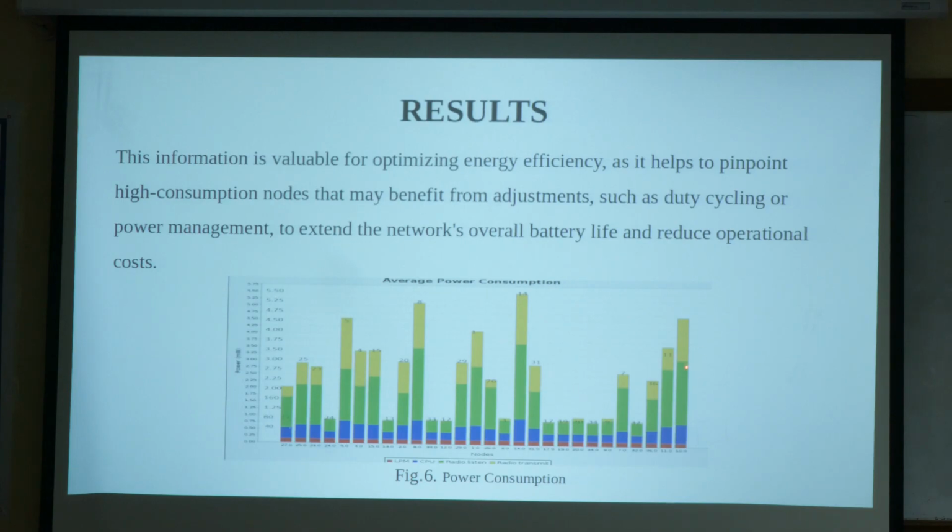This is the radio transmit of the 30th node, and the green one is listening time, how much energy you spend in listening, how much energy you spent in transmitting, and how much your CPU and your LPM have used. So this is how you can know how the energy is being consumed by the nodes.